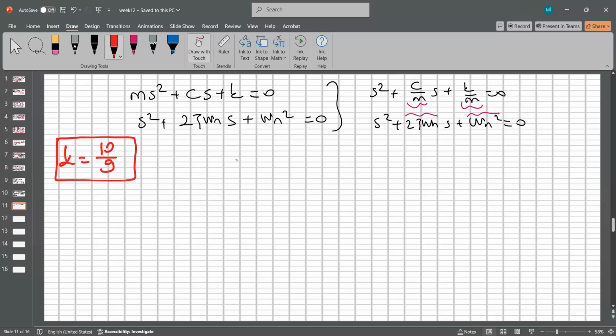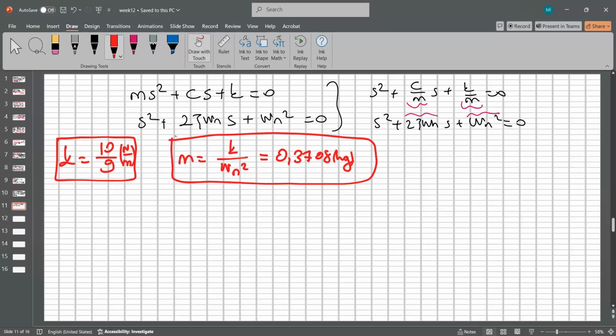We have found it. But so, what is the value of m? k divided by m equals wn square, right? And so k divided by wn square is equal to what? 0.37 kilogram, as Newton meter per second squared is kilogram. Just putting every equation into this one.